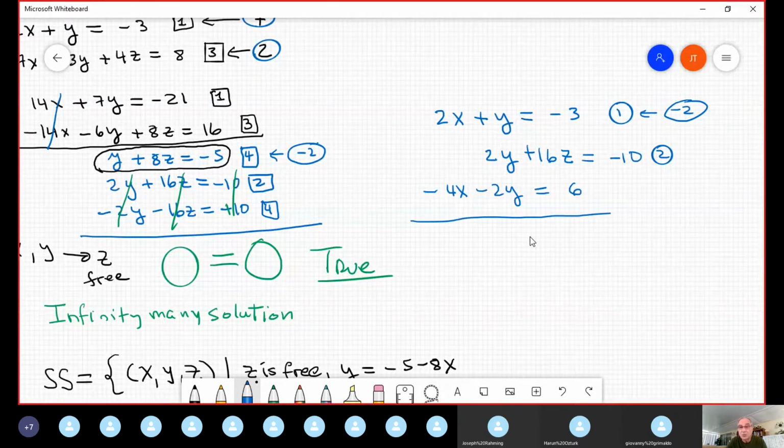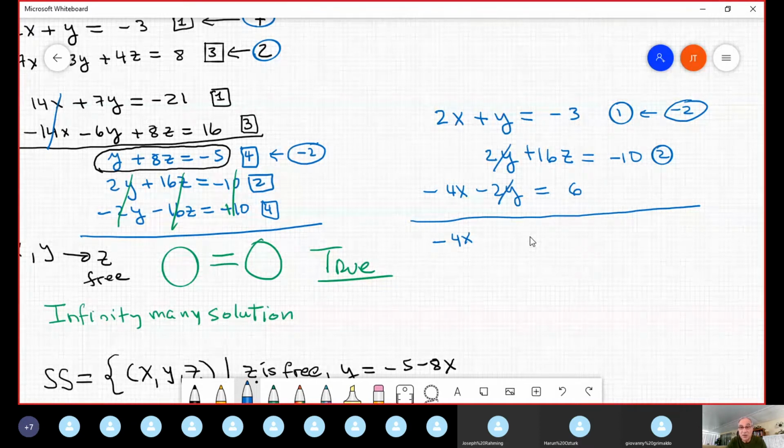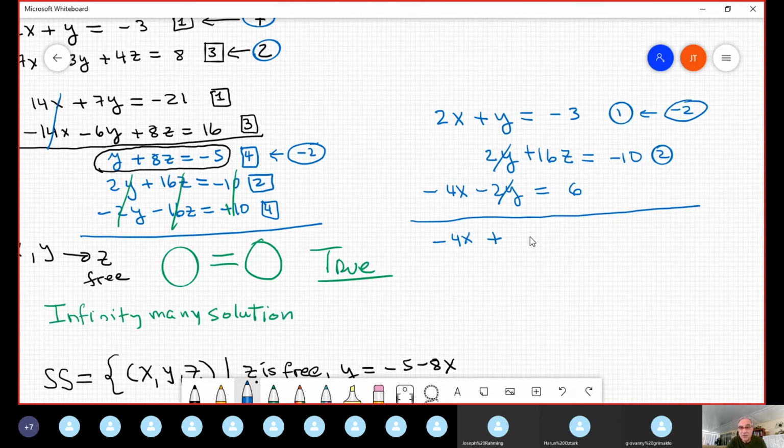And you add by column. At the column of the x, we have only one, it stays -4x. The column of the y is cancelled. That was the intention, elimination of the y. And the column of the z stays the same, just bring down 16z. And the column of the right-hand side is negative 10 and positive 6, which is negative 4.